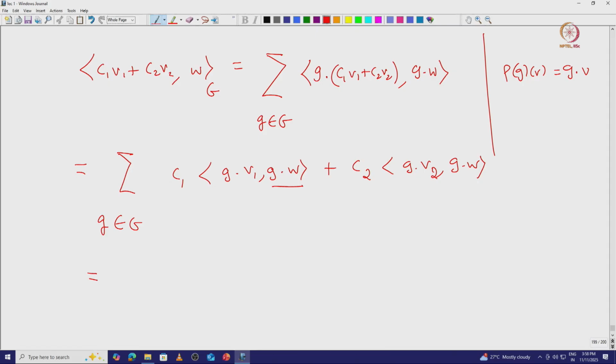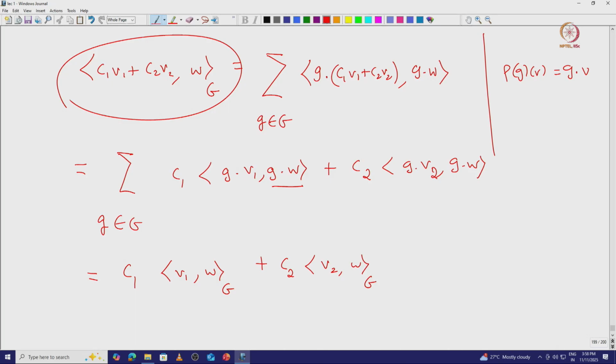You can see that we can take this scalar out, then this is going to be exactly the inner product between V1 comma W with respect to this new inner product plus C2 times V2 comma W with respect to the new inner product. So, just by expanding the summation and using the definition, we immediately get that this new inner product is indeed linear in the first variable.